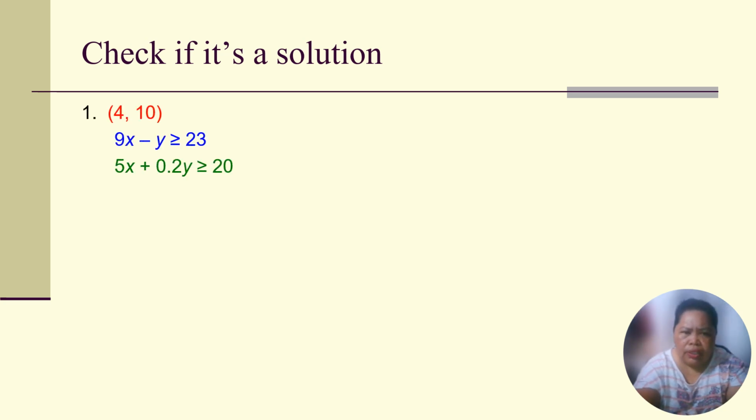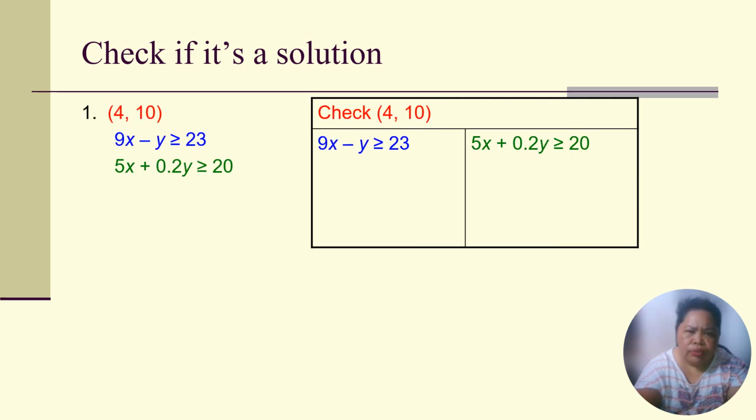Just like we did in the previous, so for 9x minus y is greater than 23, let's substitute, and then we have 9 times 4 minus 10 is greater than 23. Of course, 36 minus 10, so 26 is greater than 23.